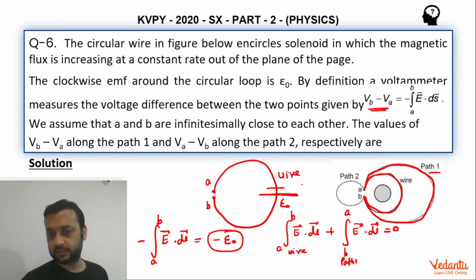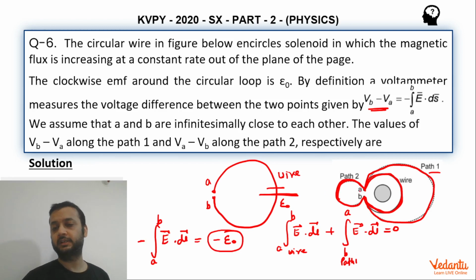If you consider this type of path, or only the dotted path as well, inside the dotted path there is no flux change, and A and B are almost overlapping. So we can say that the net EMF induced inside this will be zero.